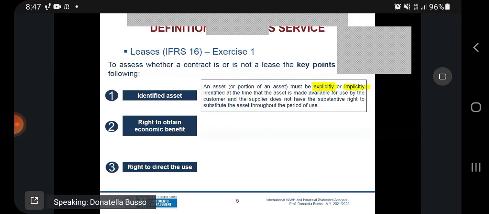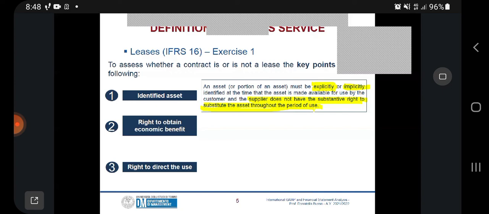Moreover, what is important, the supplier does not have the substantive right to substitute the asset throughout the period. What does this mean? Think about a lease on cars. It is quite common in this type of contract that the lessor allows a substitution of the car in case of maintenance and for repairing the cars.